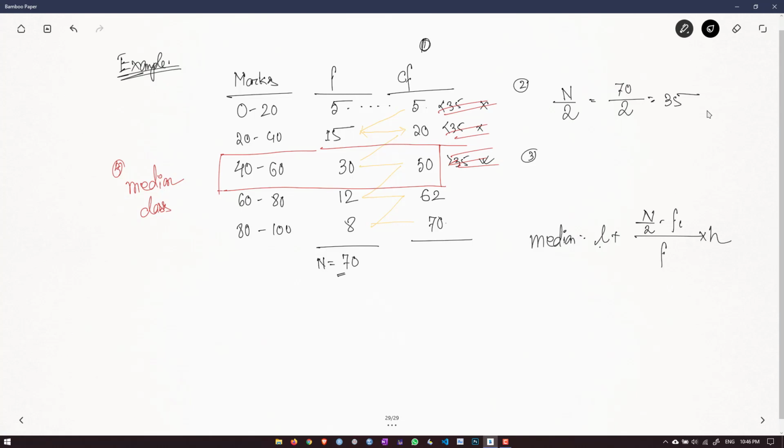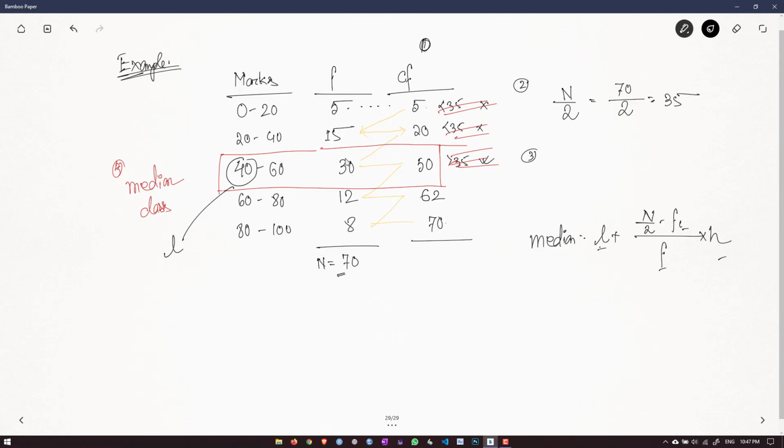Now n by 2 we have already calculated. Now our task is to find out L, F, FC and H. So here in this median class, what is the lowest value? This will be called your lower class limit of the median class, L, right?